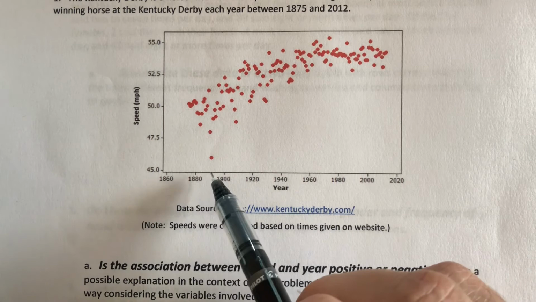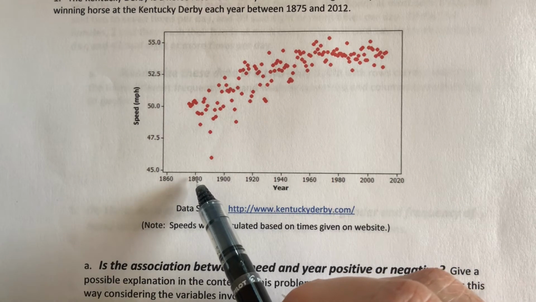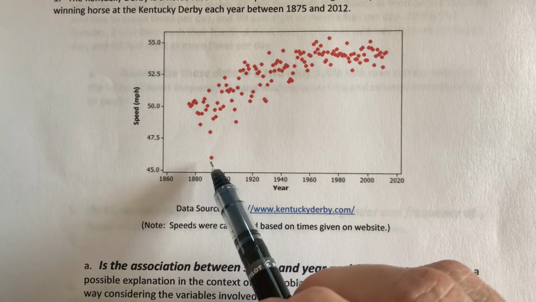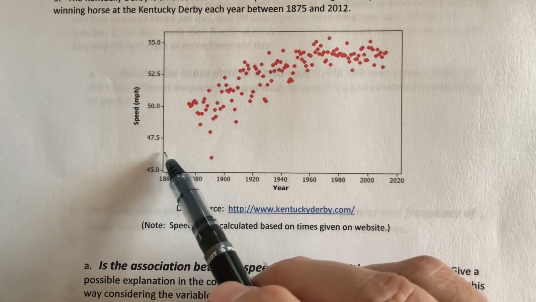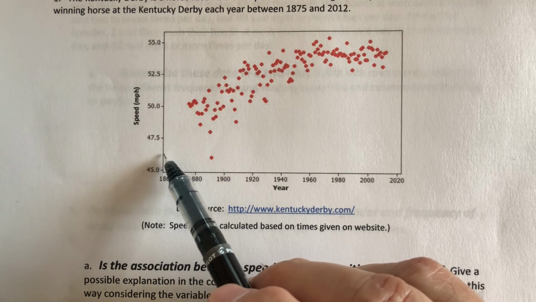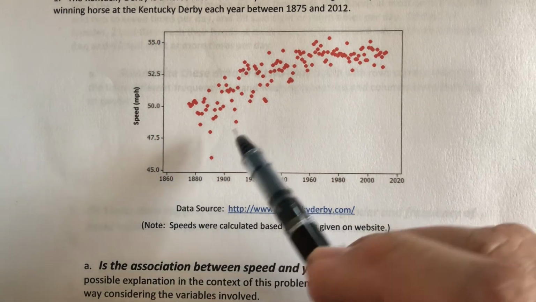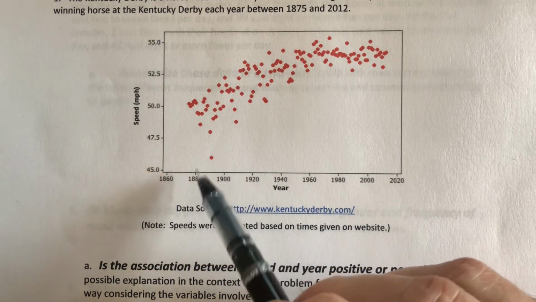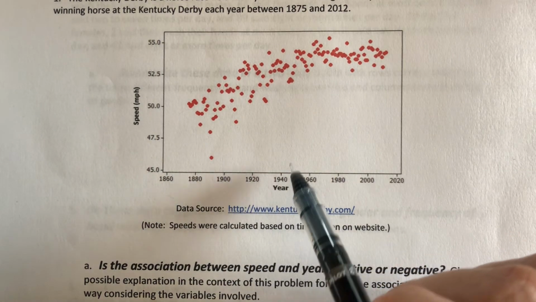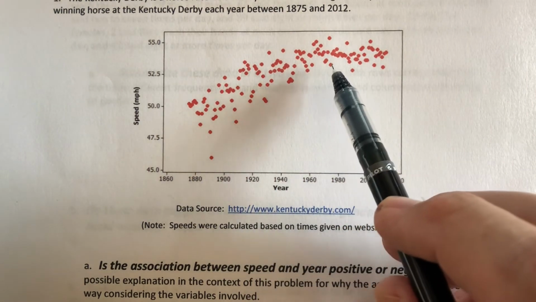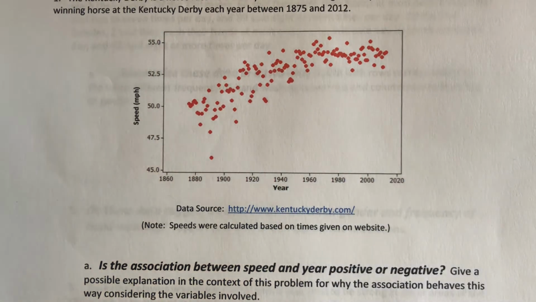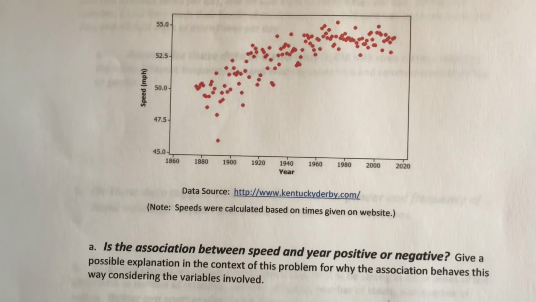So back here, this dot here is somewhere between 1880 and 1900, and if you went over here, its speed would be less than the 47.5. So when you look at this, as the years are progressing, the speeds of the horses seem like they're getting a little bit faster, right? You're going to want to incorporate that into your answer, something like that, okay?